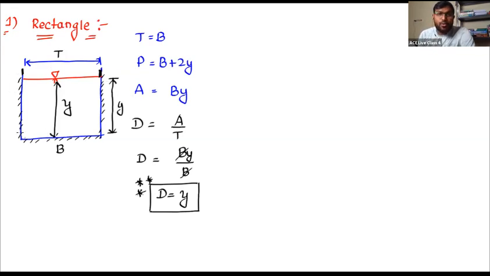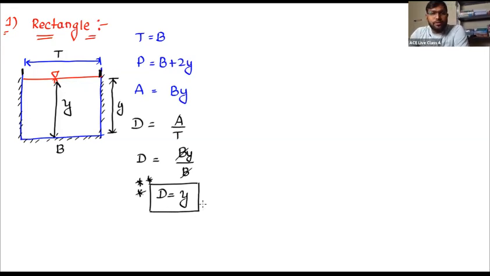Anywhere the depth of flow is y. Then the average depth of this section is also y. In the case of a rectangle, wherever you take, the depth of flow is uniform, so the average depth is also the same. So D is equal to y.